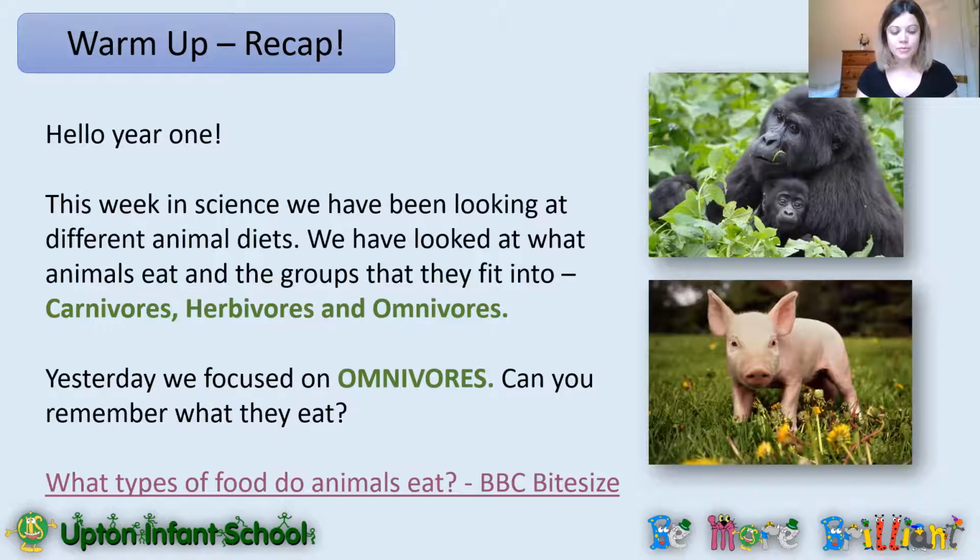It's a trick question because omnivores eat basically everything. They can get their food from both meat and plants. Can you remember? So let's watch this short video just to recap everything we've been doing. And as we said all of this week, if you would prefer to watch this video separately in your own time, then please do.